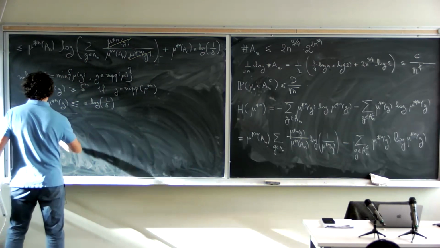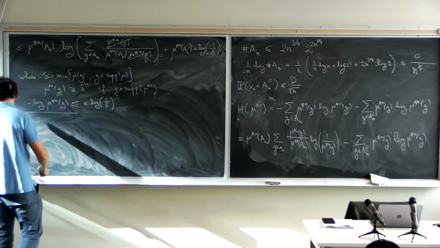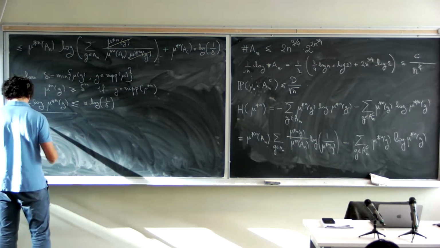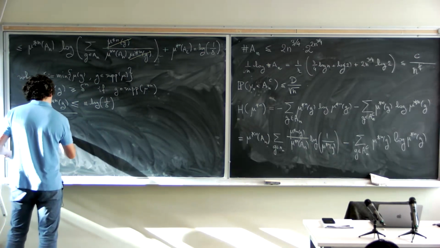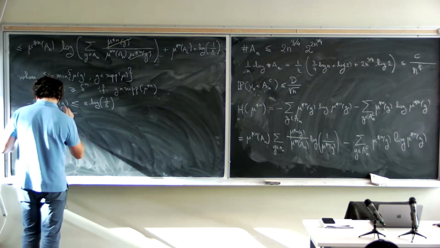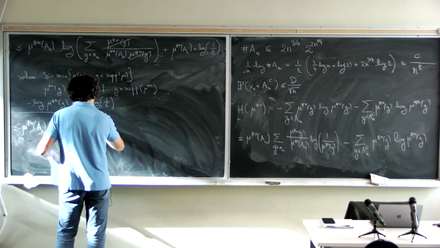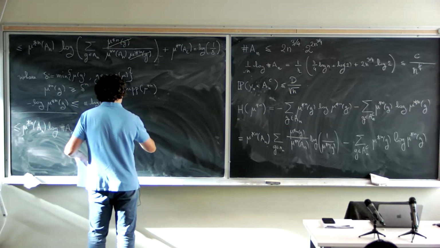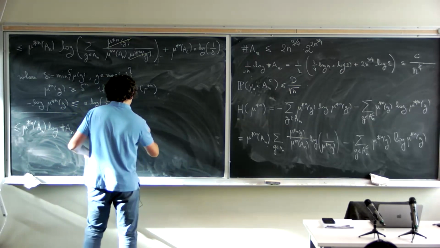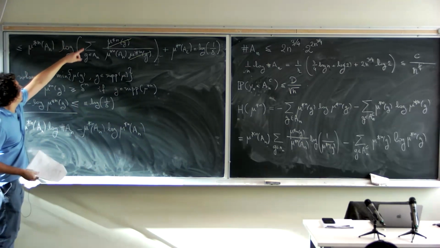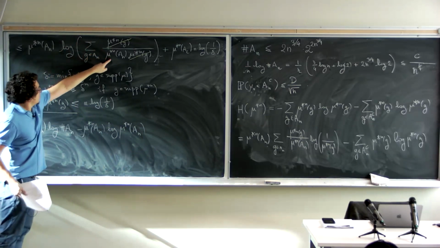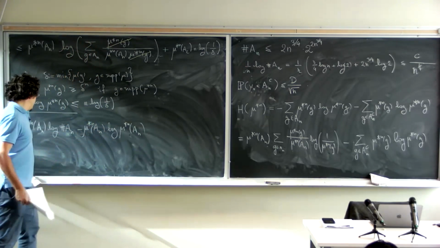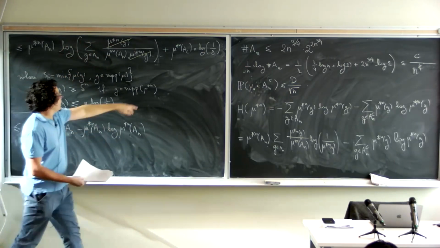So you get less than or equal to mu star n of A_n times the log of the cardinality of A_n, minus mu star n of A_n times log mu star n of A_n. This is from here, because the log gets the minus, and here you have the cardinality of A_n.